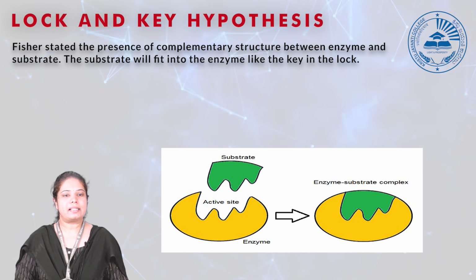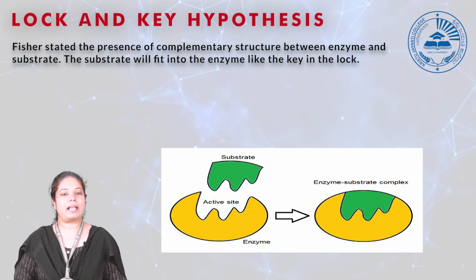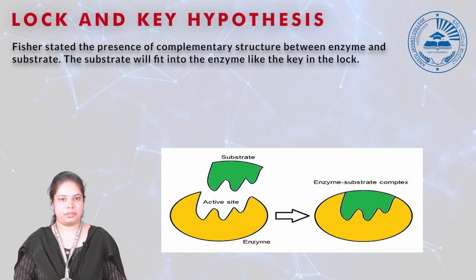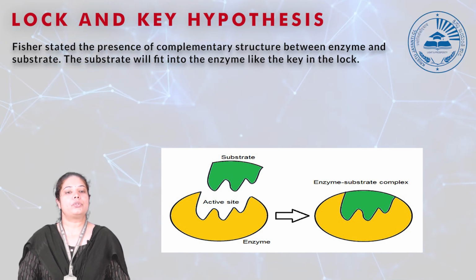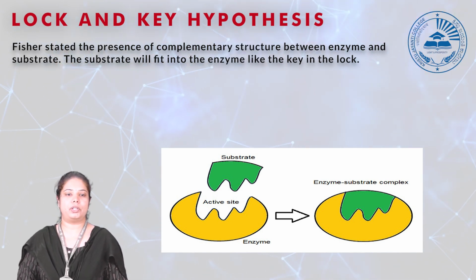The enzyme has a catalytic site exactly complementary to the geometry of the substrate, so as to have enzyme substrate interaction, the direct interaction of enzyme and substrate to form the enzyme substrate complex.